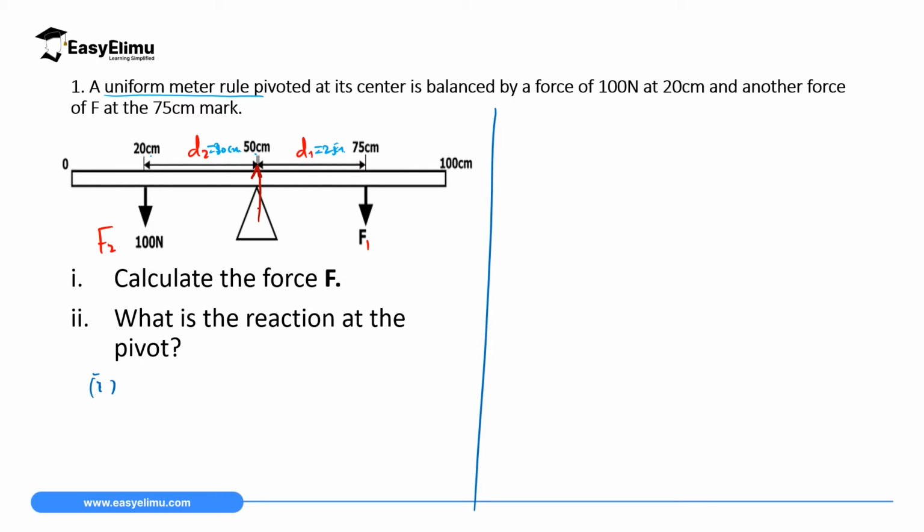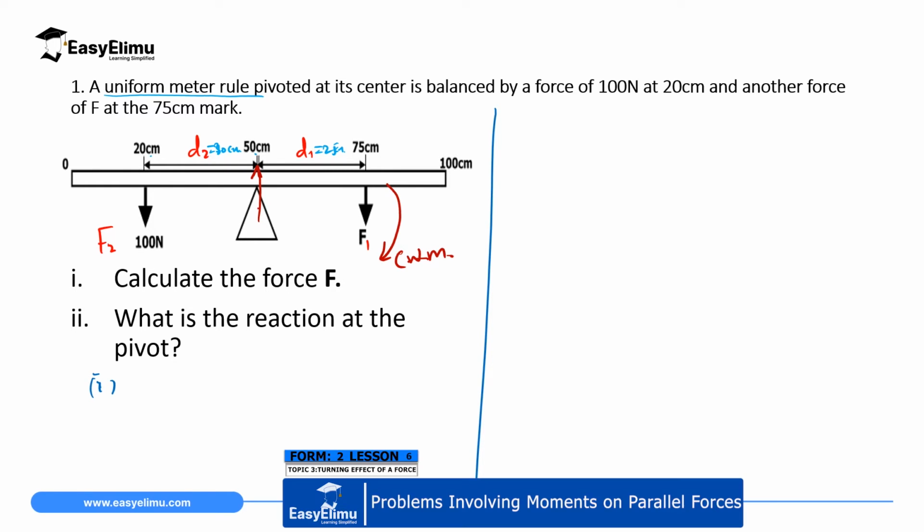Now we are also going to analyze which force gives a clockwise moment. This force here, F1, is the one which will give this meter rule a clockwise moment. And then F2 is going to give it an anticlockwise moment.